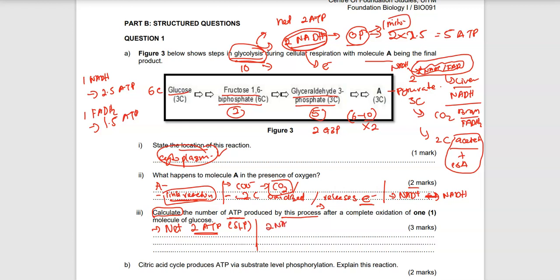2 NADH will be produced from the glycolysis stage.